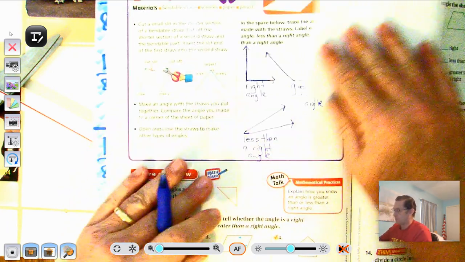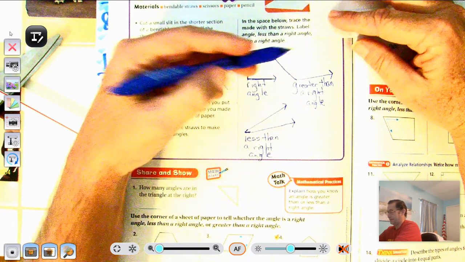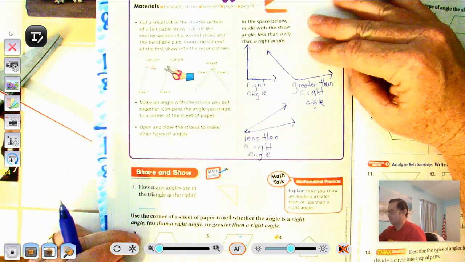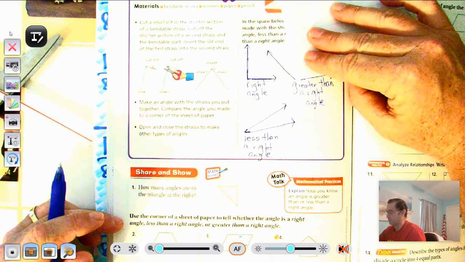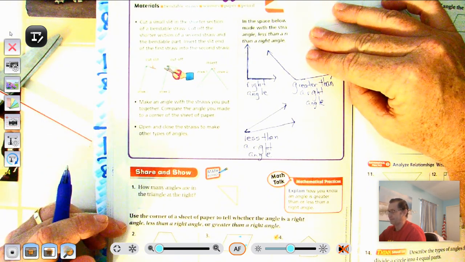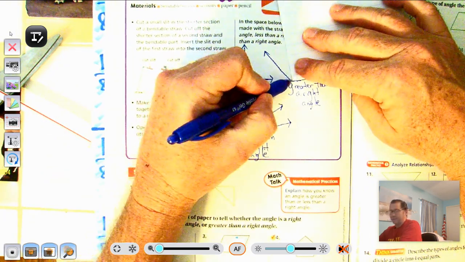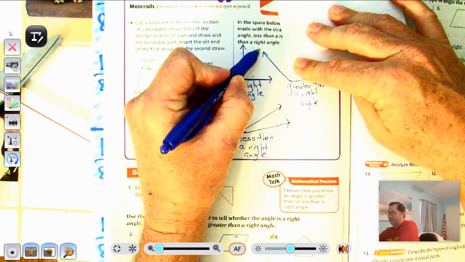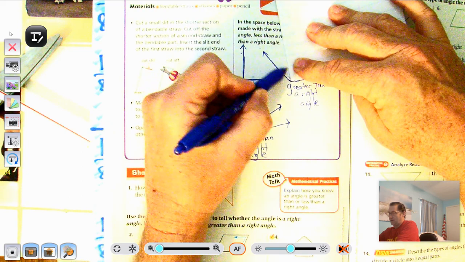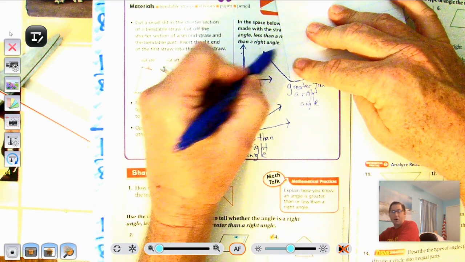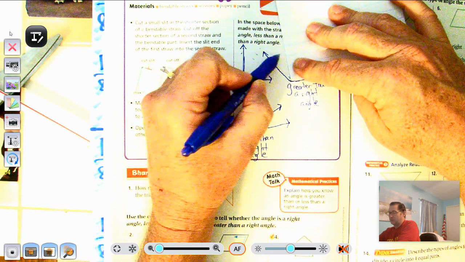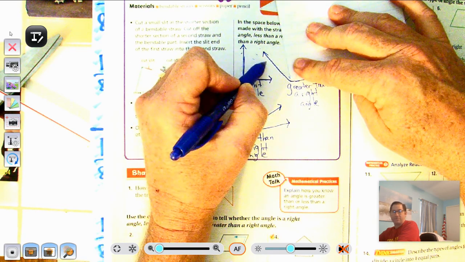Okay, and now look what happens when we put it on this. So line the edge of the square paper or the folded paper up with one of the rays. Put the corner at the vertex of the angle, and you notice this time that this ray is to the left of the paper. It's off the corner of the paper. This shows that it's greater than a right angle.